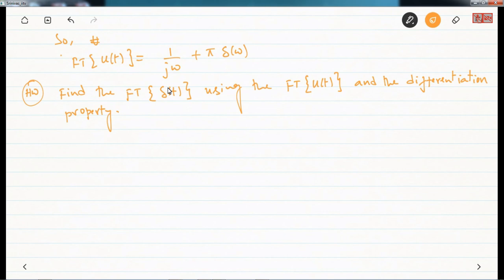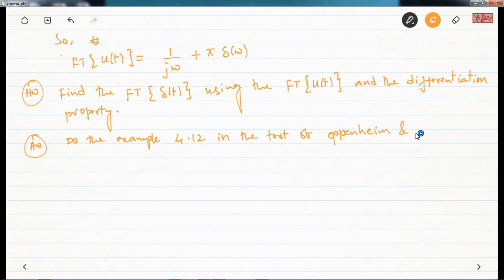And there is one more interesting example. Example 4.12, the 12th example. Do example 4.12 in the textbook.